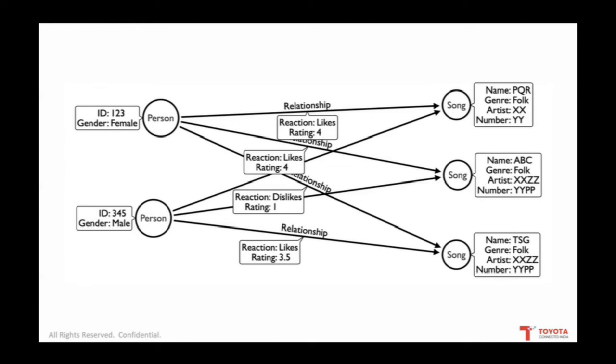Let's say person 1 likes song 1 and person 2 likes song 3, and there is a new song, song 4, that is not present within the range of person 1, but song 4 is liked by several other persons.